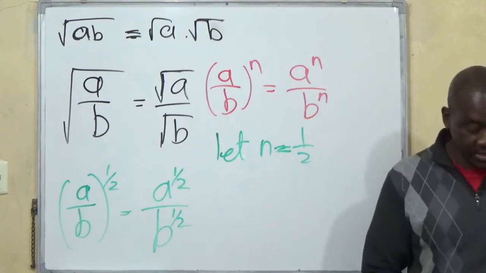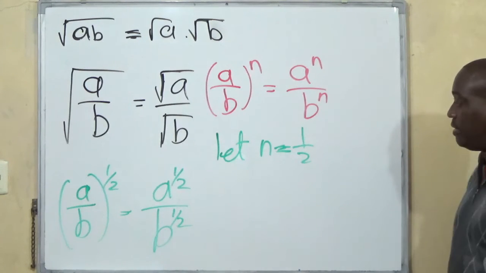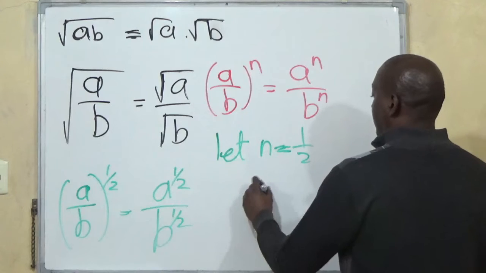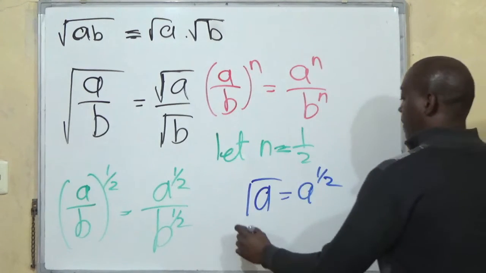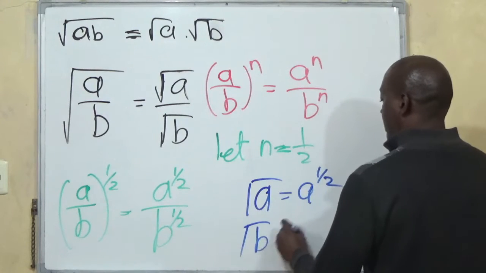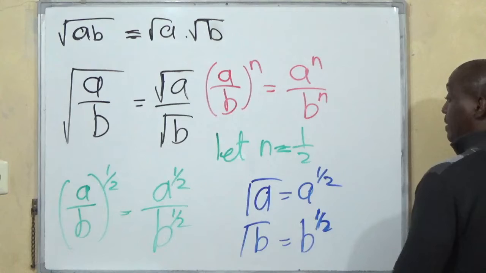And as we mentioned a while ago, the root of A is equal to A to the power of a half, and the root of B is equal to B to the power of a half.